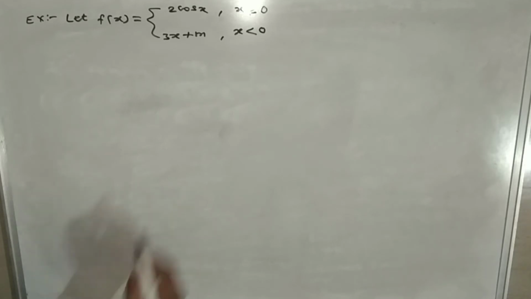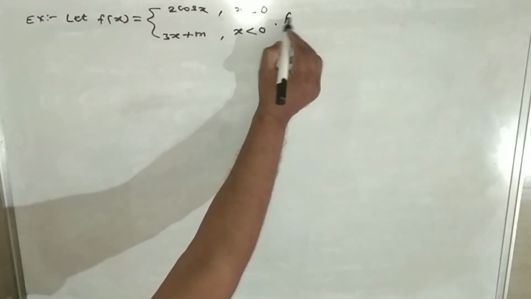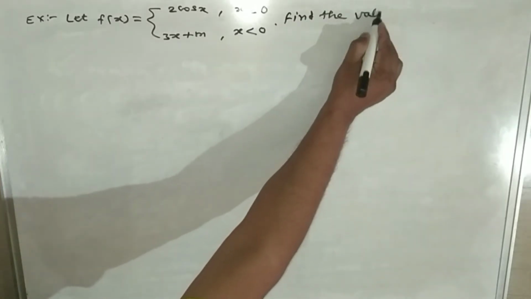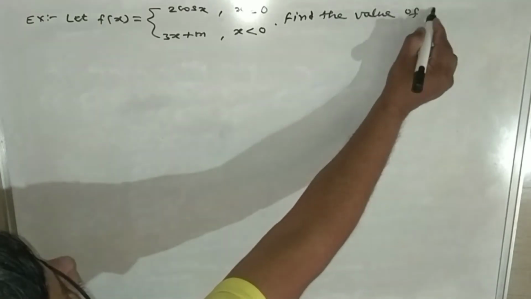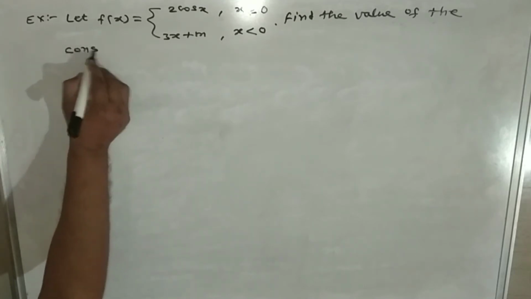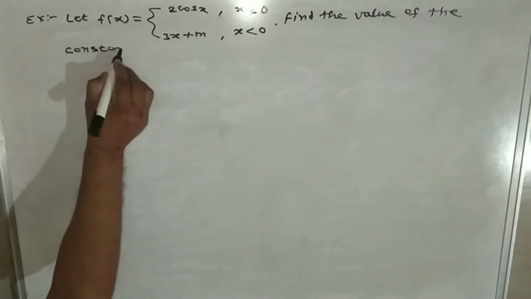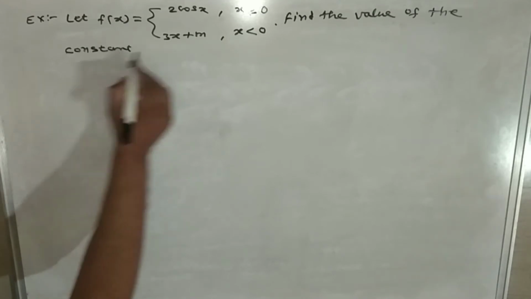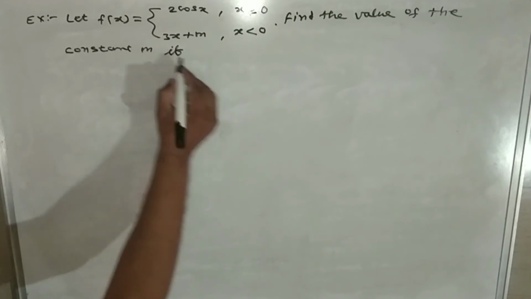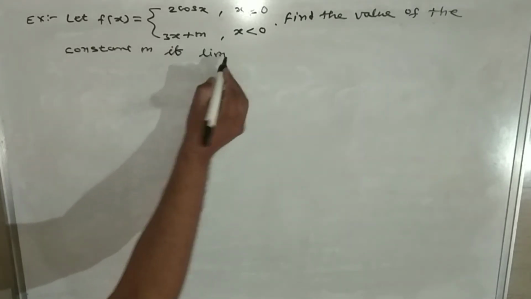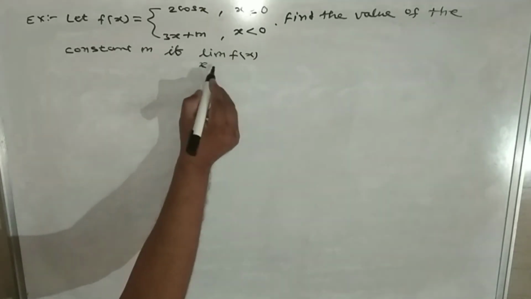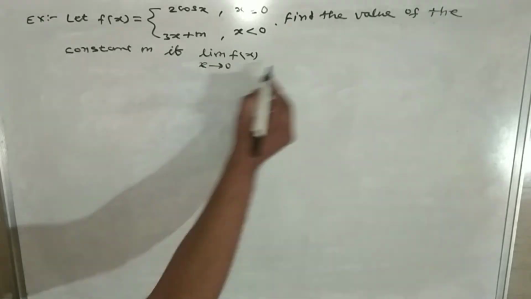Find the value of the constant m if the limit of the function f of x as x tends to 0 exists.